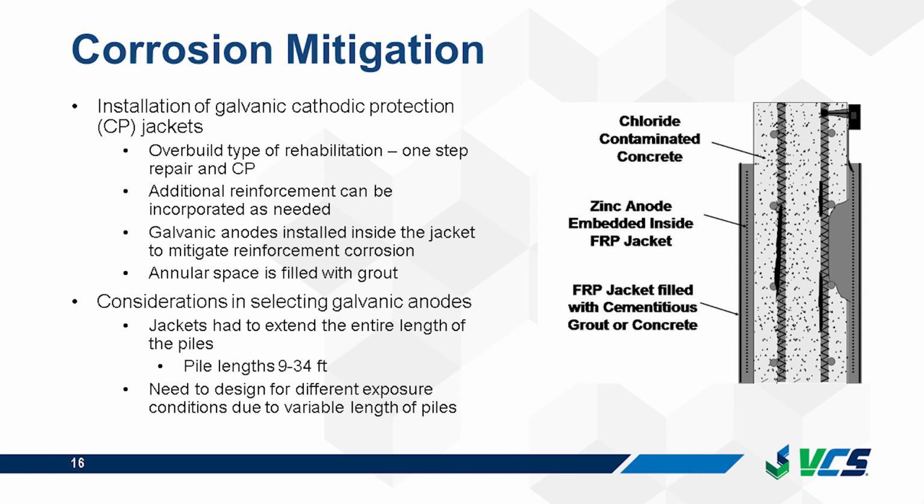And if you remember the photo of the bridge, the pile lengths were very different, and we had piles that were exposed just to marine and tidal zones, as well as piles that were in the submerged, tidal, and atmospheric exposure. So the selected jacket had to be active in all three of those zones and provide protection in both marine environment and atmospheric environment.